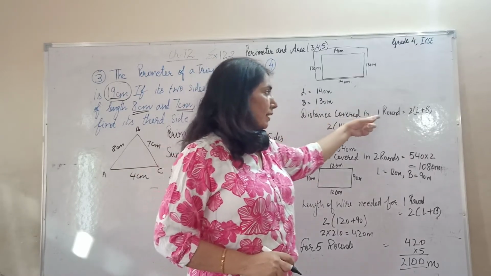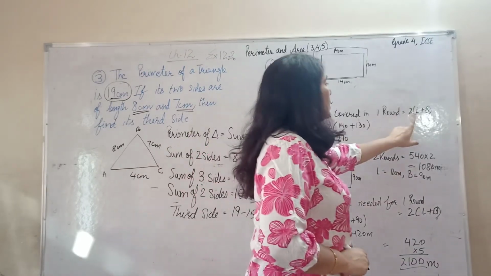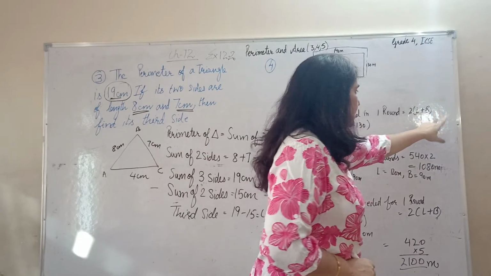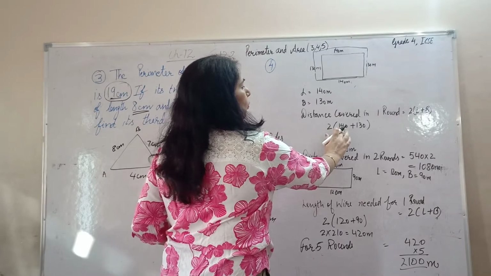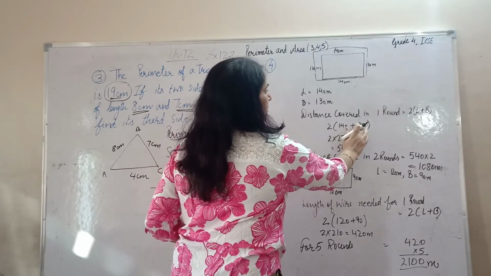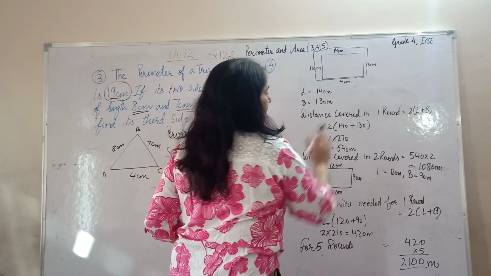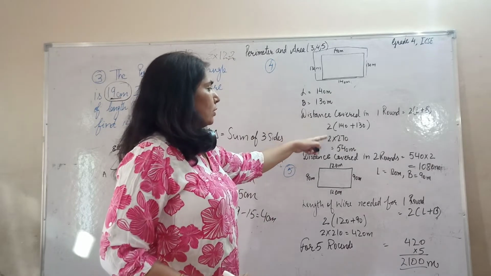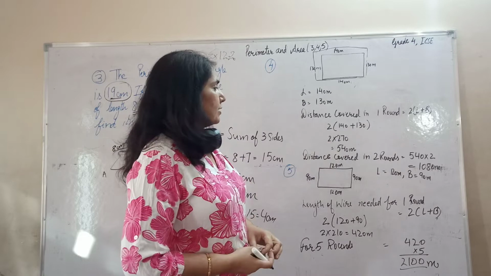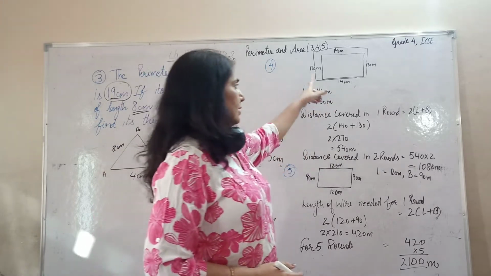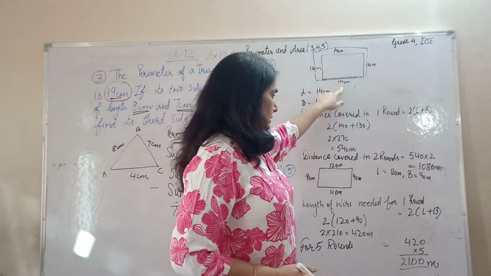Distance covered in 1 round is perimeter, that is 2 into (L plus B). Put value of length 2 into (140 plus value of breadth 130). 2 into 270, 540 meter. So the distance covered in 1 round is 540.